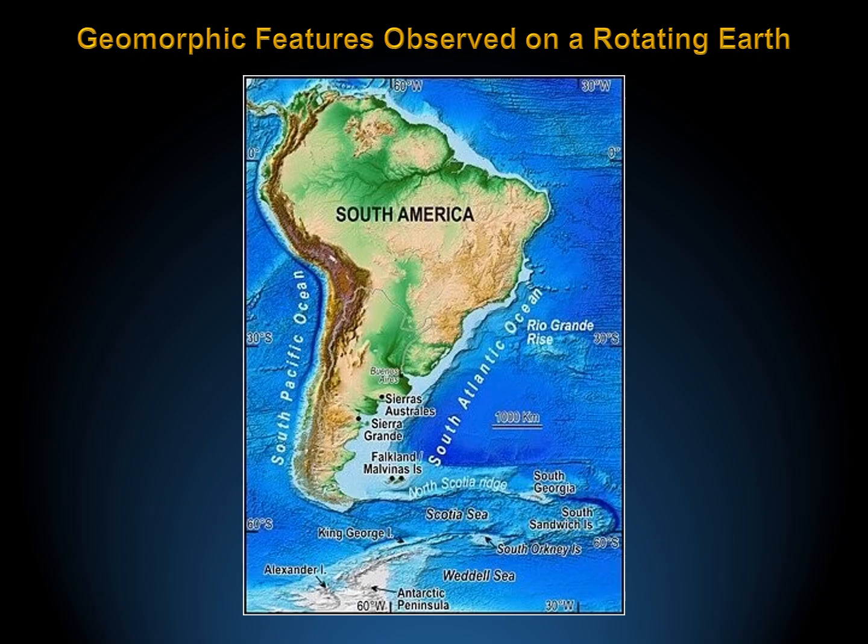This movement has created the Scotia Sea, the southern tip of South America trailing off to the east, creating the North Scotia Ridge, with the parallel Orkney-King George Ridge of Antarctica. This geomorphic feature is not unique. There are several other locations on Earth where parallel archipelagos can be seen.